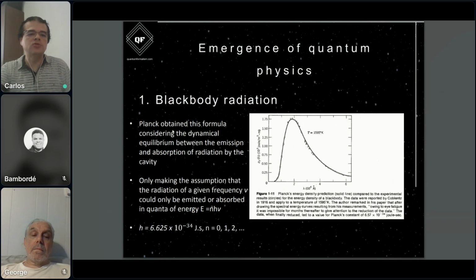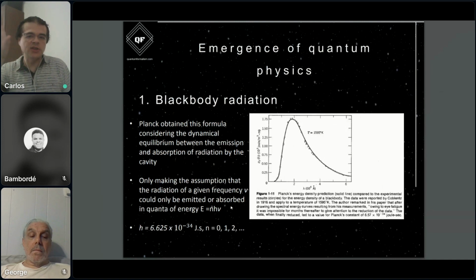So Planck obtained this formula considering the dynamical equilibrium between the emission and the absorption of the radiation by the cavity, only making the assumption that the radiation of frequency ν could only be emitted or absorbed in quantities of energy hν.